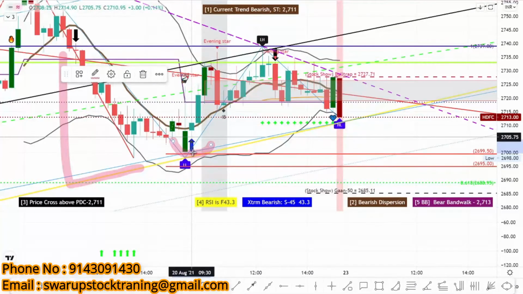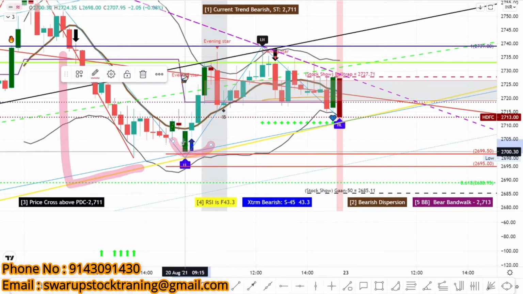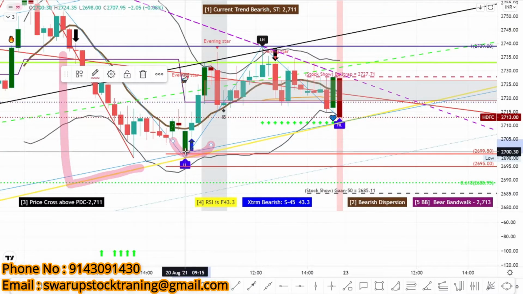Once we knew the bear trap line, the opening was a gap down, and we got a very deep green candle. We realized that this was the last point, and it was confirmed by my bear trap line. So we bought exactly at the 2700 level.